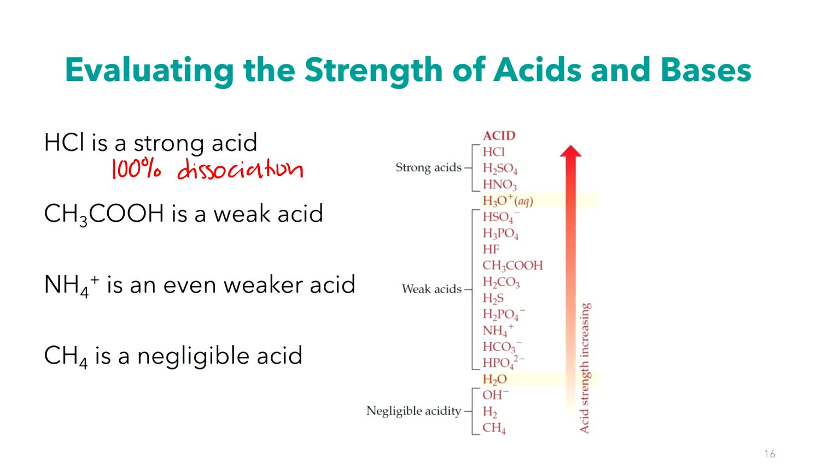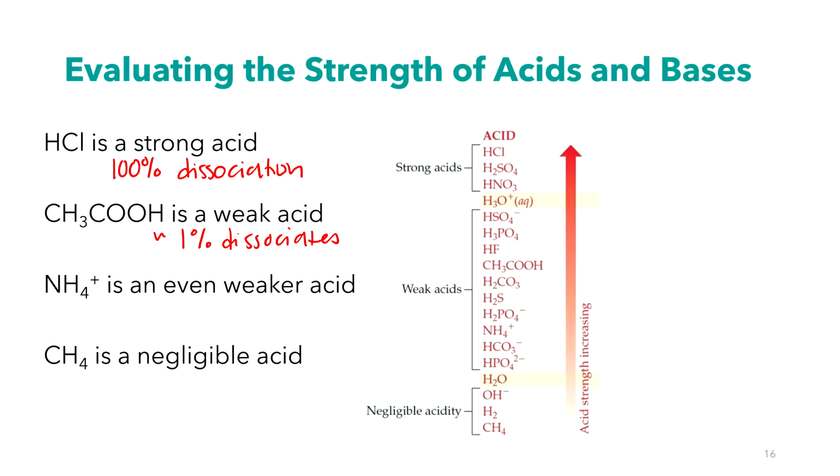Okay, acetic acid is a weak acid. I'm going down in my strength. Let's say 1% dissociates. That number is going to change, but it's a small number. That's the point. I go down to NH4+.